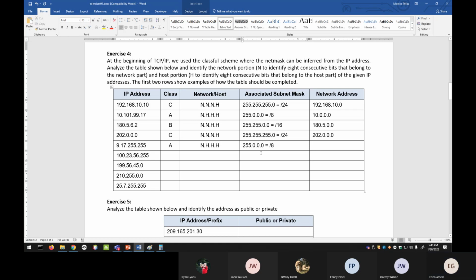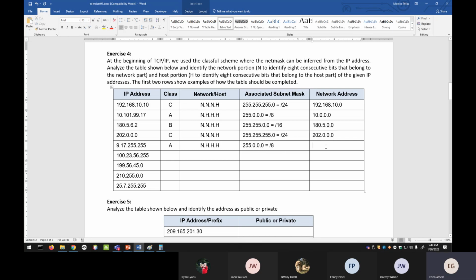Now, if I ask you what is the network address associated with this IP address, what will you do? You bitwise AND this IP address with the net mask. And if you bitwise AND this IP address with the net mask, it tells you keep the first byte as it is and change the other 3 bytes to 0.